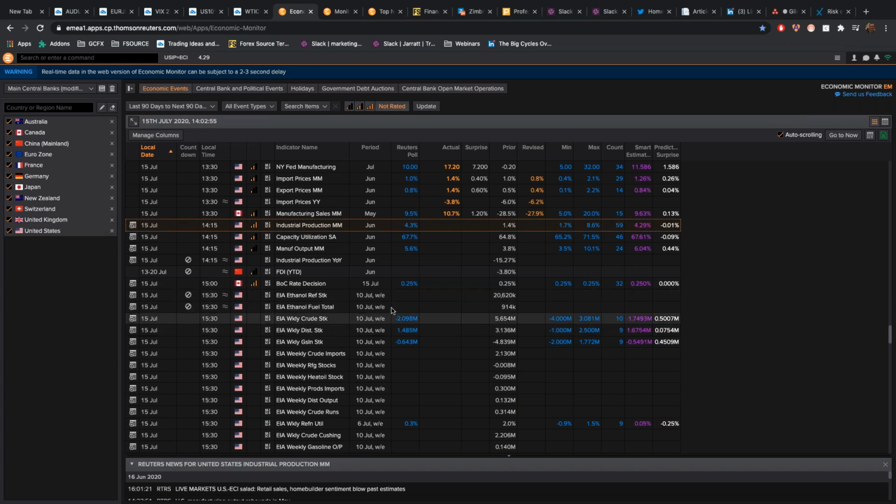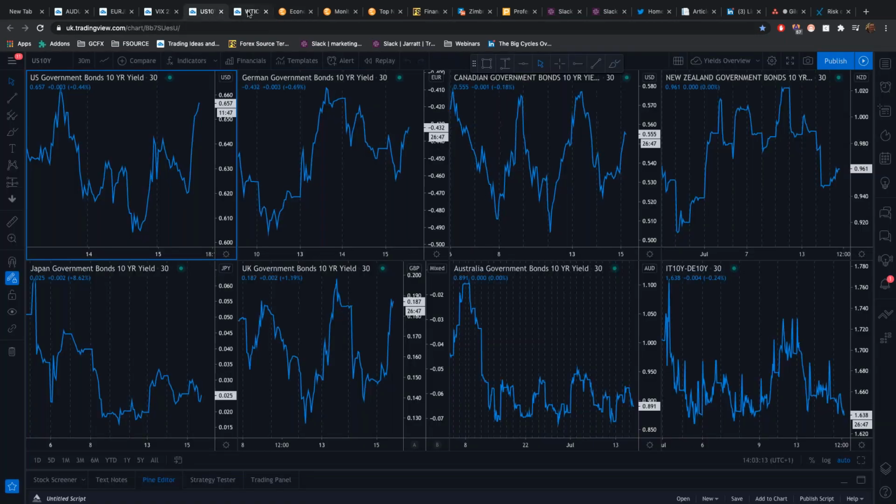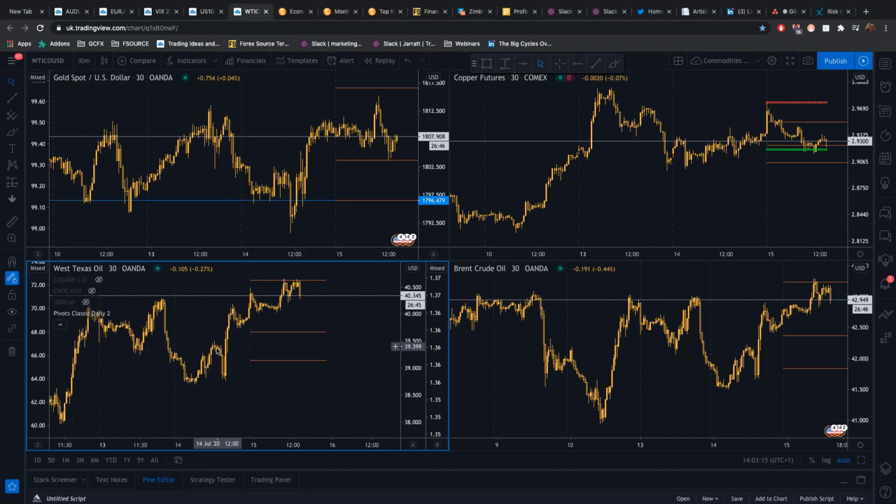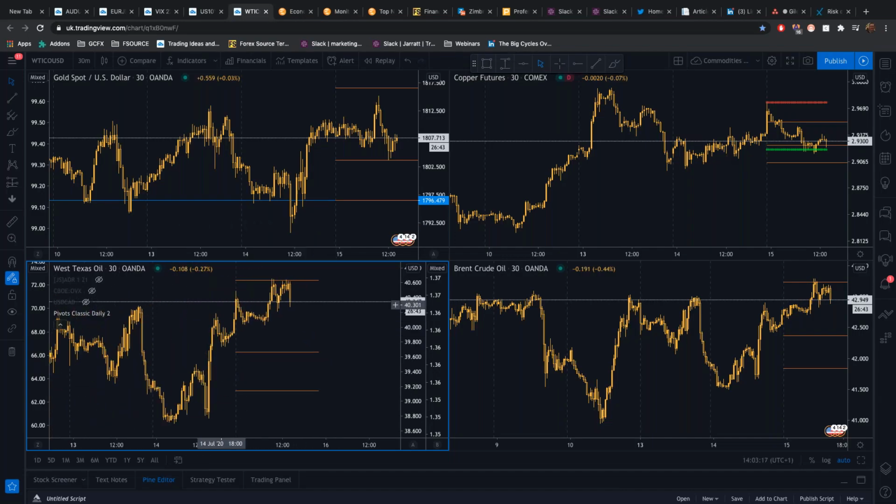With the weekly crude, there's a 2 million draw expected. But we know from the API data last night that it was an 8 million barrel draw. So we know a draw is priced in. Looking at the oil markets, you can see that oil has been rising because we're expecting that draw in inventory numbers. So it's priced into the market.